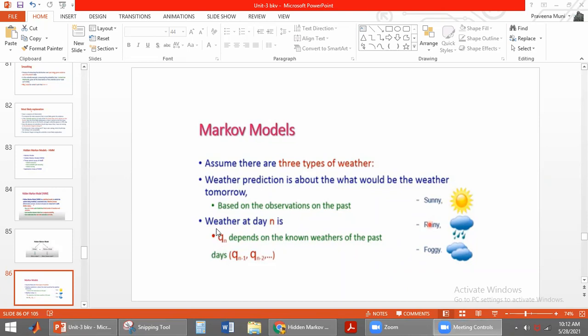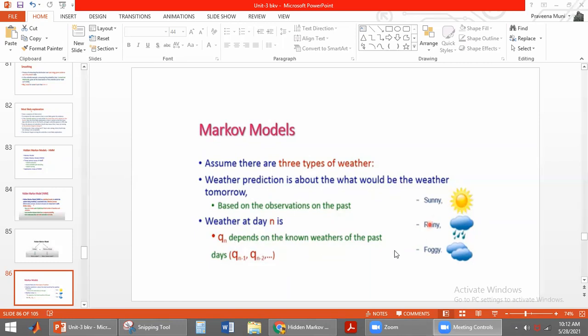For example, if you want to know the weather on a particular day n, here every day we are measuring the weather. So what is the time slice here? The time slice is every day. We denote the weather on day n as qn.